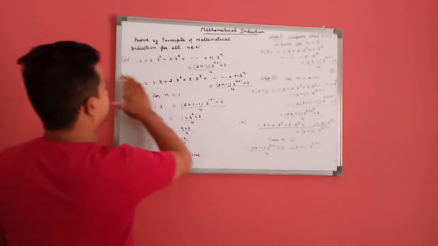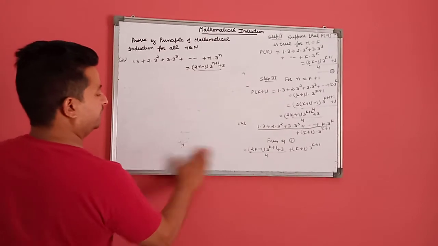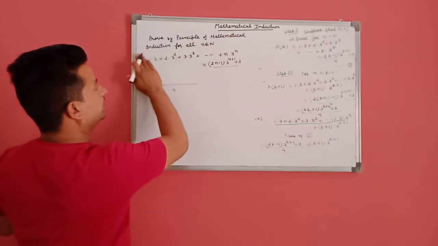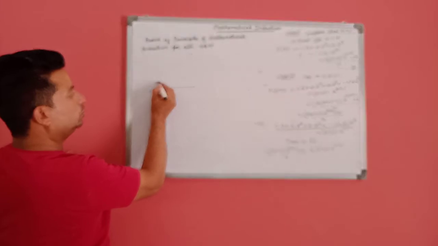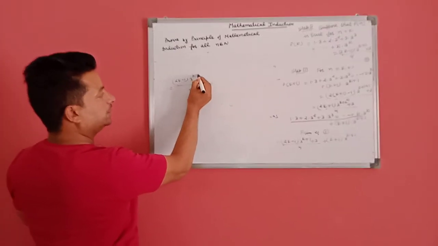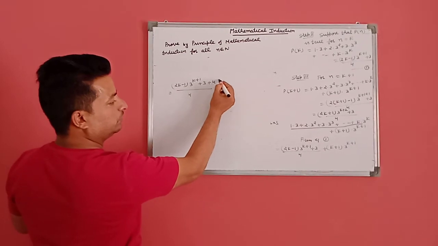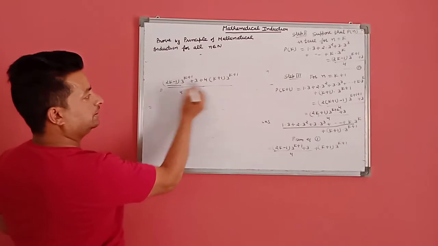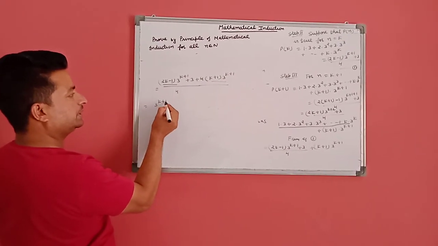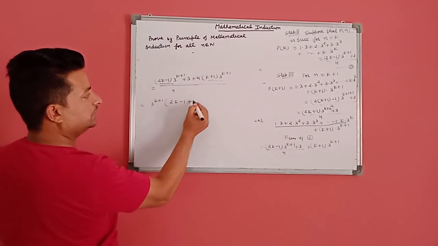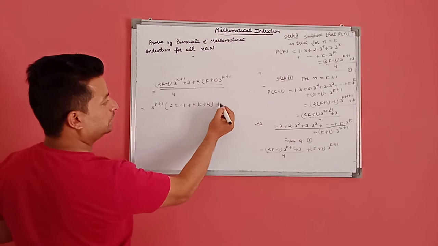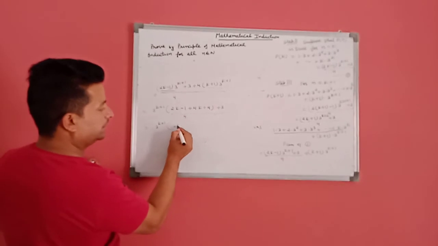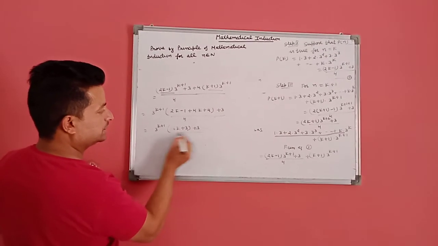When we take LCM of this, LCM is 4, then we get 2k minus 1, 3 power k plus 1, plus 3, plus 4 times k plus 1, 3 power k plus 1. Take in these two terms 3 power k plus 1 common, we get 2k minus 1 plus 4k plus 4, plus 3 by 4. That is 6k plus 3, plus 3 by 4.